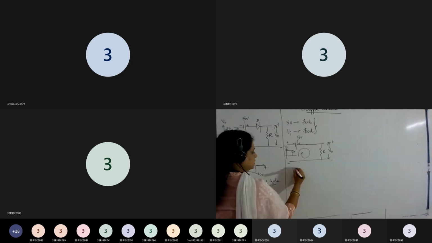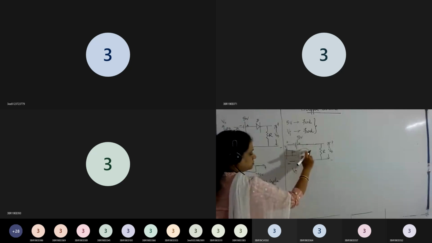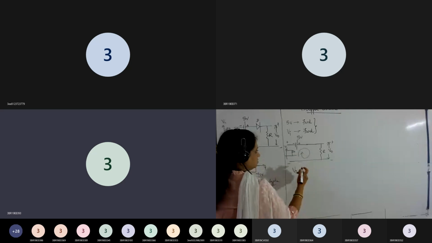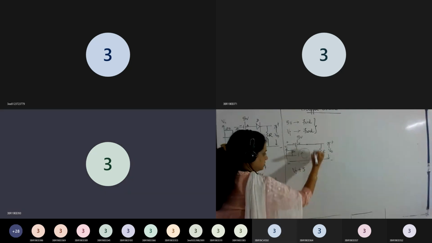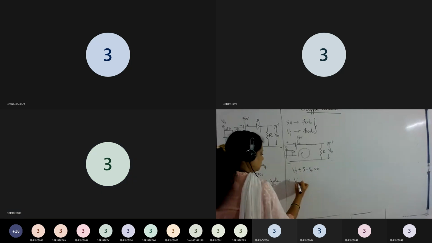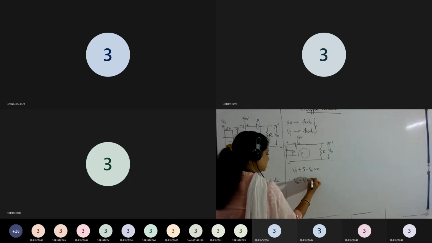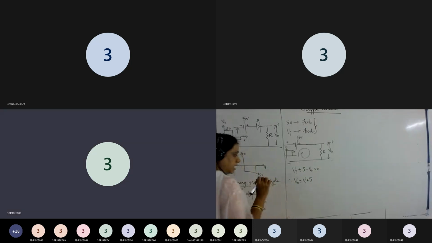The equation is Vi plus 5 minus V0 equal to 0. Therefore, V0 is Vi plus 5.